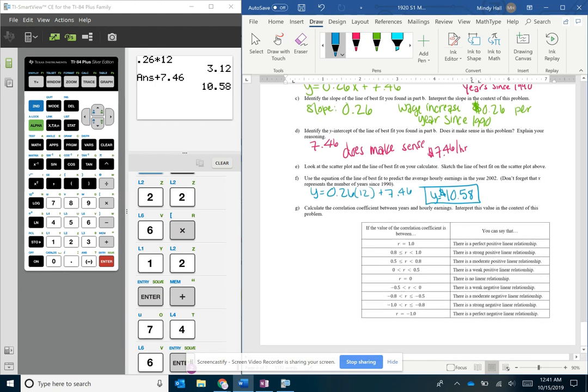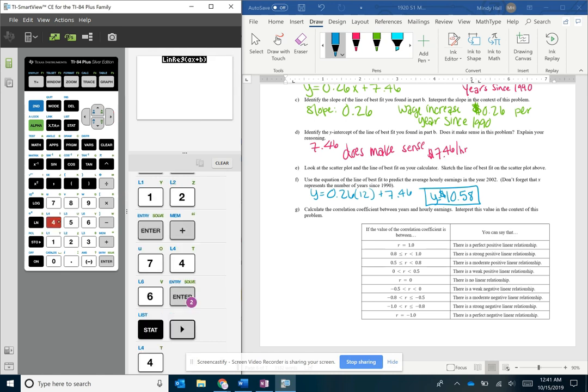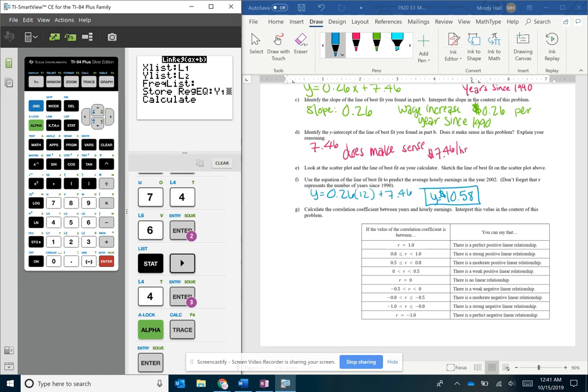So then my correlation coefficient, this is what I almost told you about earlier, but you hit stat, you go right over to calc, you can hit 4 or you can scroll down, but when you go into your enter, PS, if you want to use that Y1, you hit alpha trace Y1 right there.